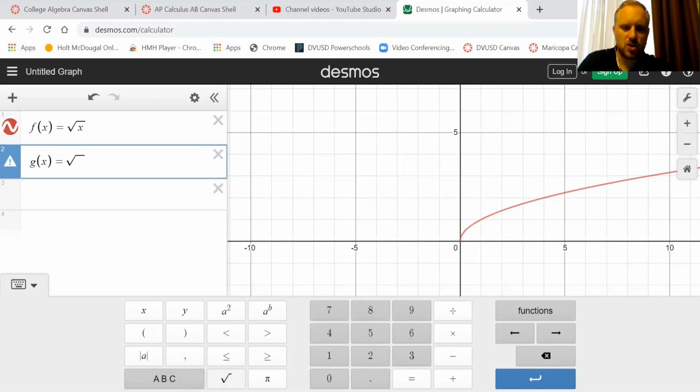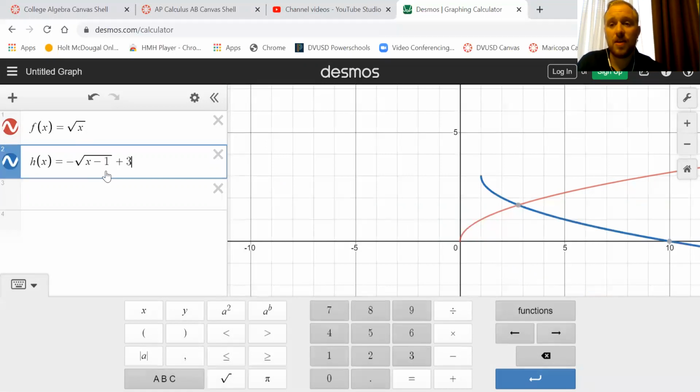So I have the square root, and in our notes we have h of x, and I have a negative on that side, so that means it's reflective of the x-axis. And then I have an x minus 1, and then on the outside is plus 3. So this is telling me that it's reflective of the x-axis. Then it's shifting to the right 1.